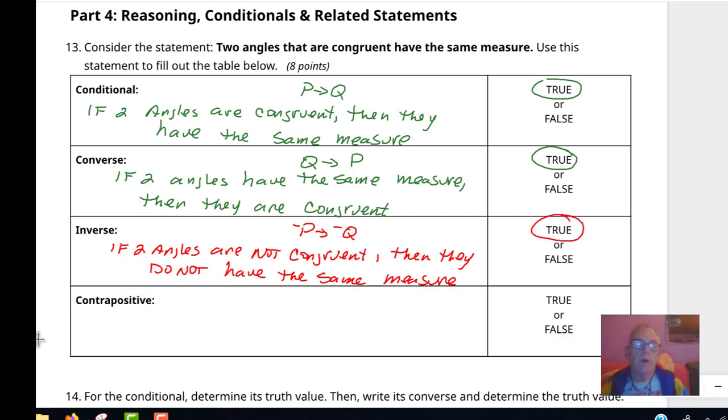And we want to form the contrapositive. Now what the contrapositive does is swap the Q's and the P's and then make them opposite. So it's the negatives added to the converse. So if two angles do not have the same measure, then they are not congruent.